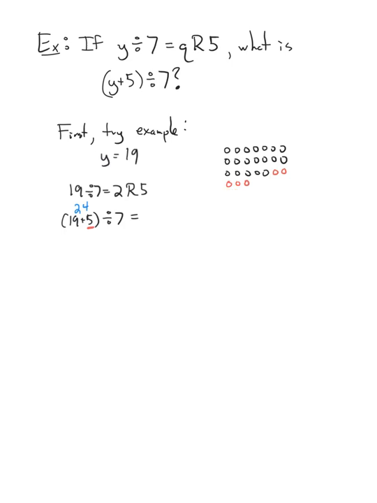So we can look at it like this. It is 3, remainder 3. But I'm going to write it as 2 plus 1, remainder 3. And let me mark down why I did that. These 2 were the 2 groups from 19 divided by 7.